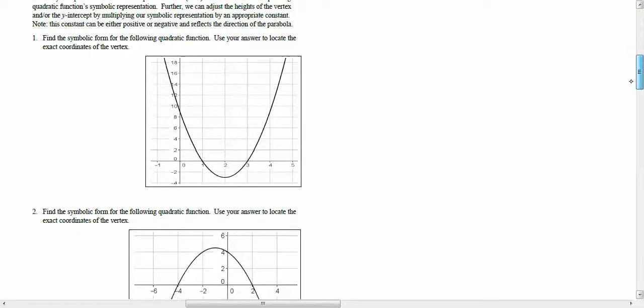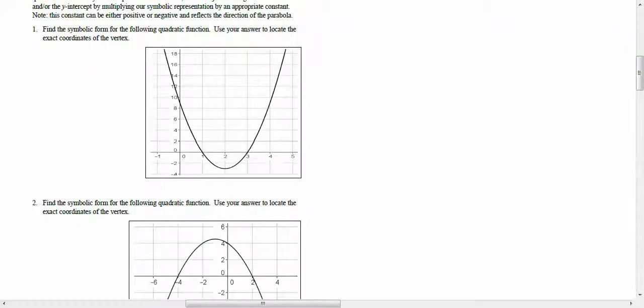Alright, let's see a few more of these. This is pretty straightforward: x minus 1, x minus 3. That's what my guess is, but there's always a possibility that there's a number out front, that would be the a value. So let's check the y-intercept for now.